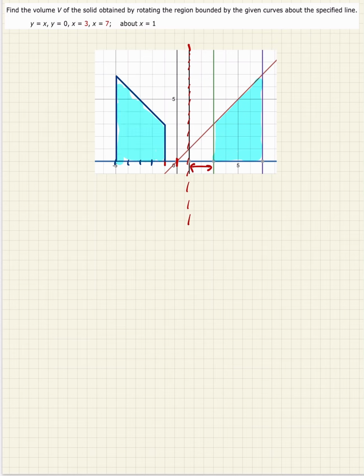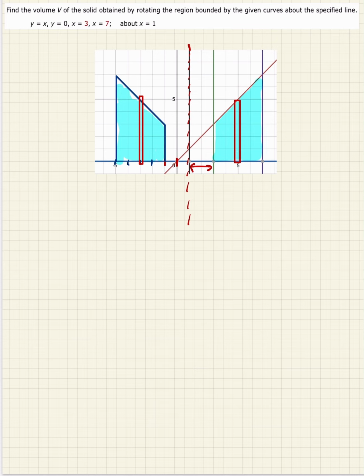Now, because the left and right edges of this thing aren't consistent from top to bottom, I'm going to draw a vertical representative rectangle, which is parallel to the axis of rotation, which means that I will be using the shell method for finding this volume.